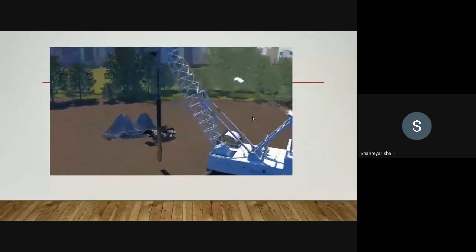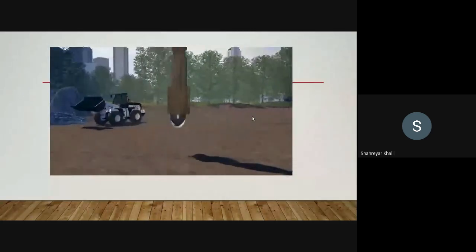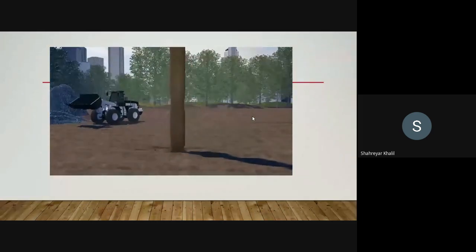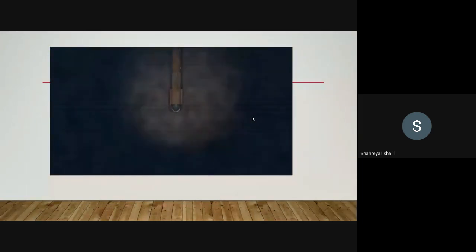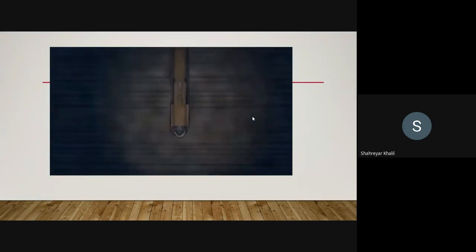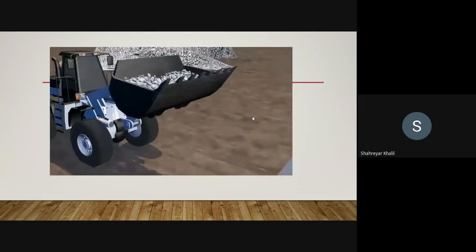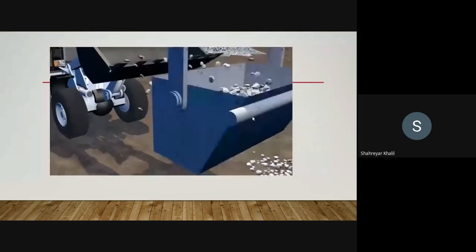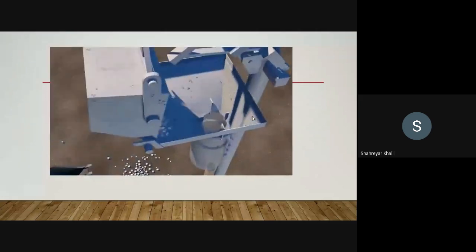The stone columns are used for compressive strength enhancement, and the diameter of the stone column is usually 40 to 120 centimeter. As you can see, the probe is inserted in the ground until it reaches the required depth. Then the ballast is incorporated into the ground, and the tool is raised from the base to the adjacent tube.